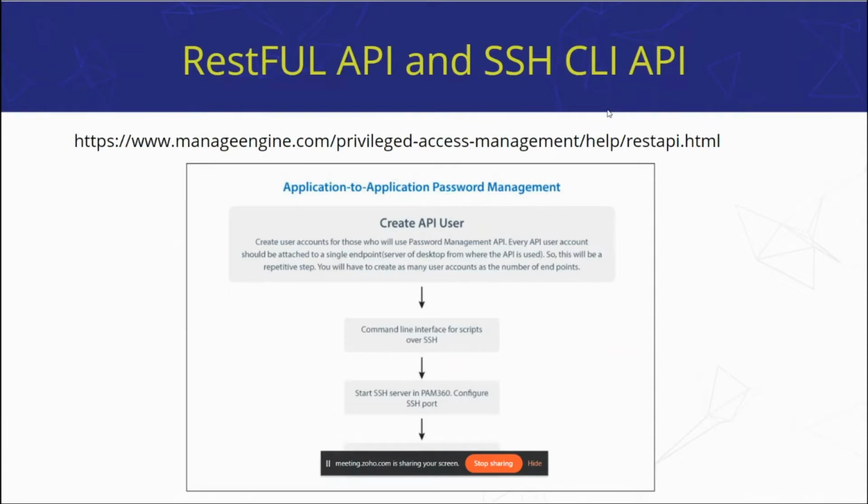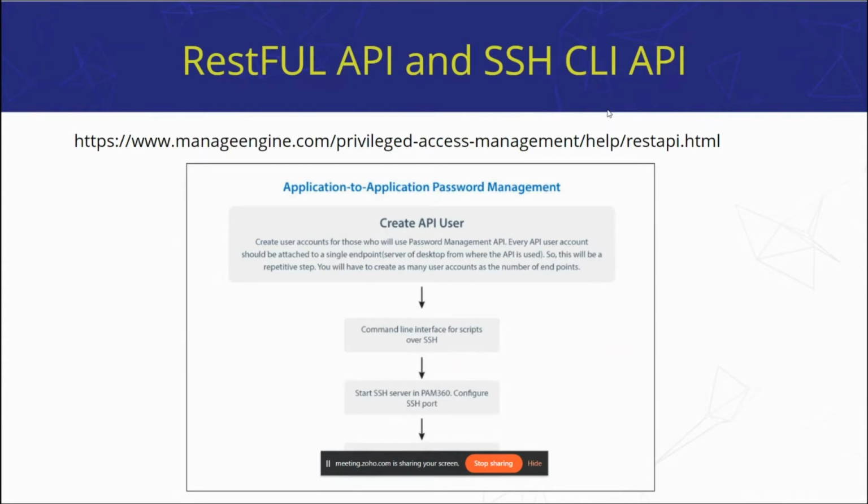And every time you trigger an API call, you will be sending this authentication token along with the request so that it gets authenticated in our PAM, and then the operation is allowed to be executed. So the first step is to actually register the API user and get an authentication token.